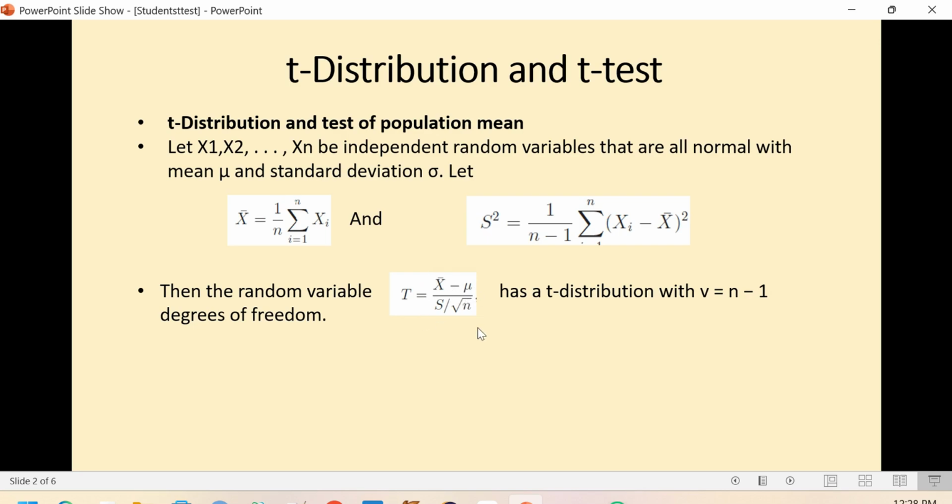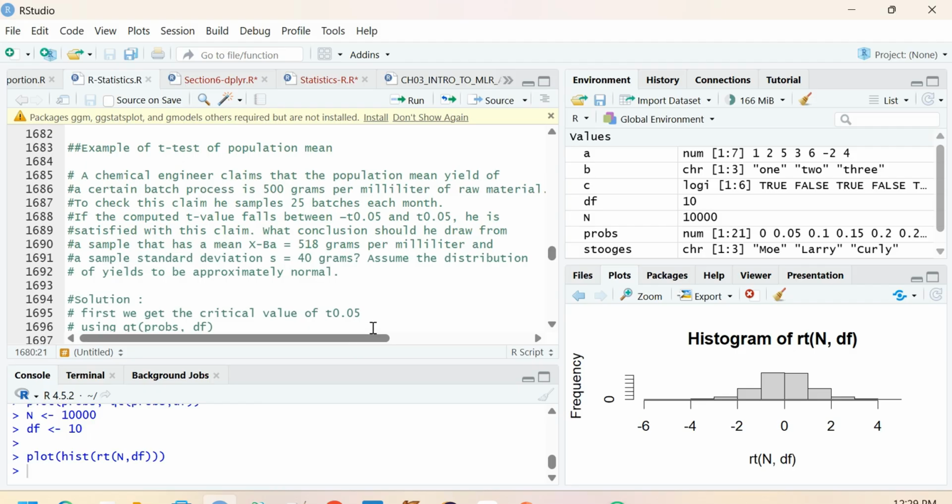Then we get samples and test if we can reject this null hypothesis. So here the mu for the population is 500, right? And we get x bar for the sample, and we have standard deviation or standard error from the sample, right? So we get everything. Then calculating the test statistic.